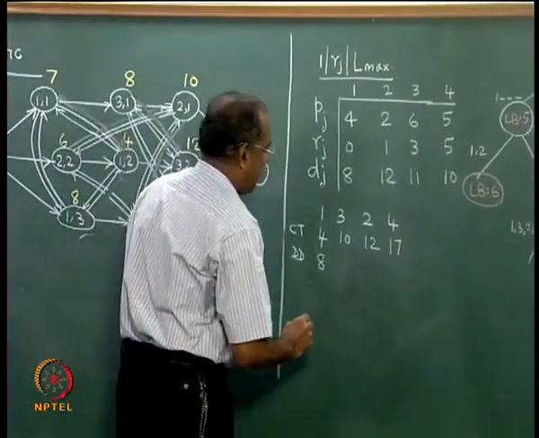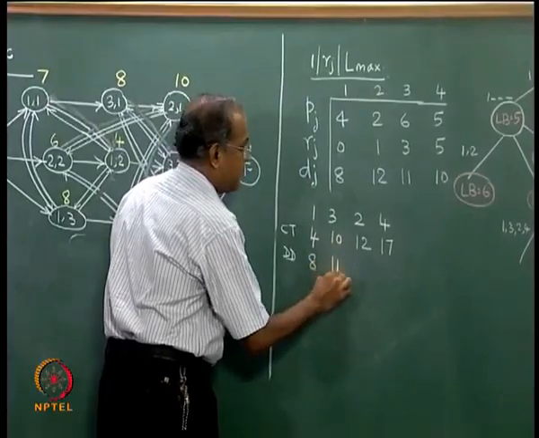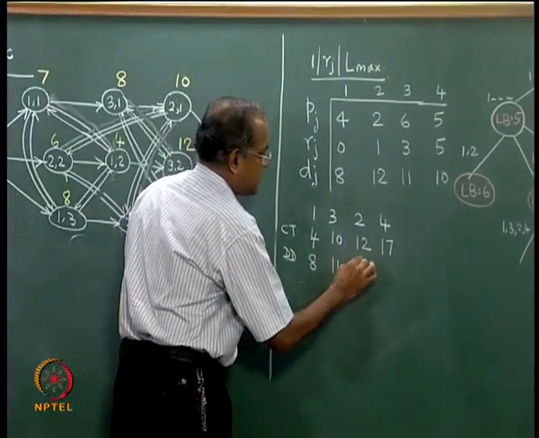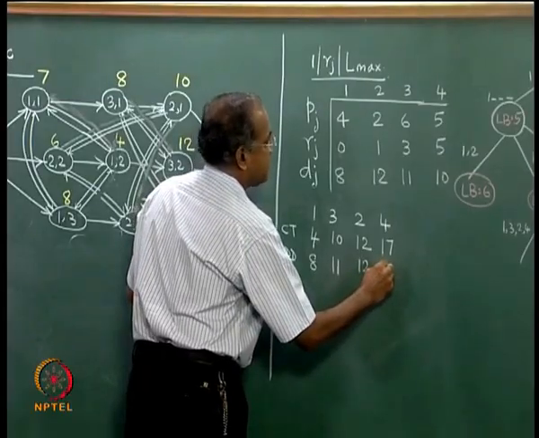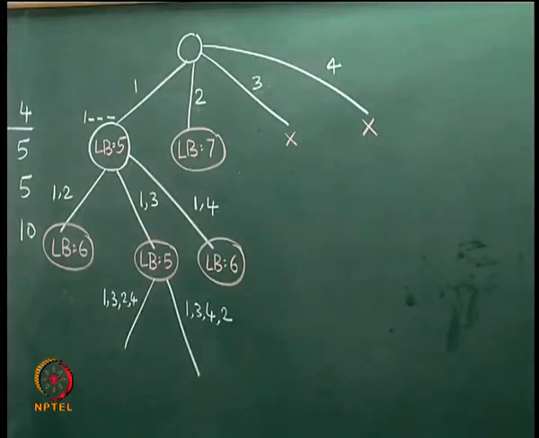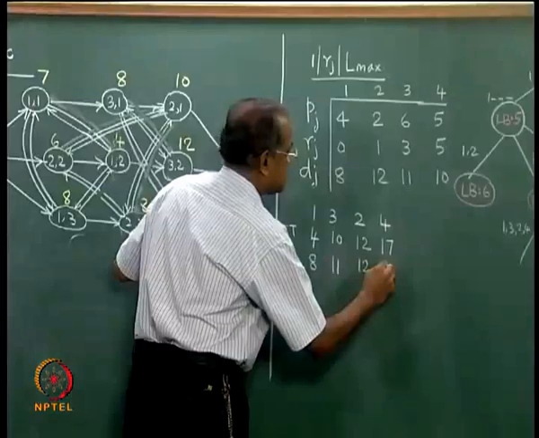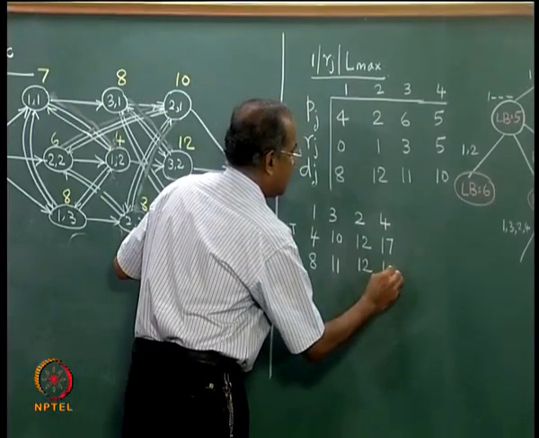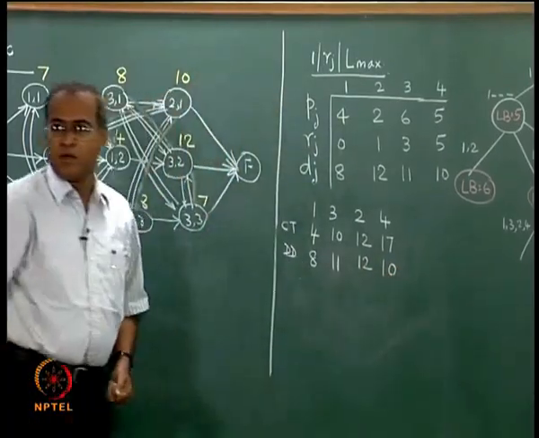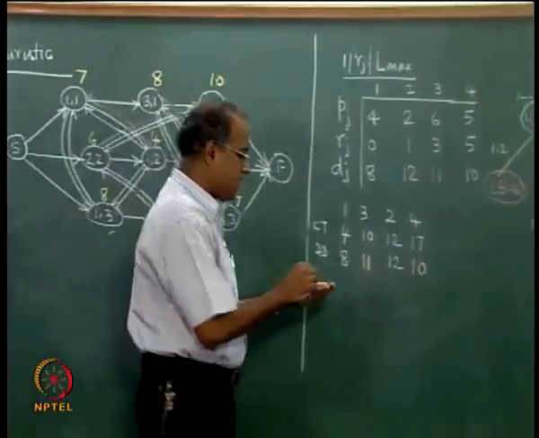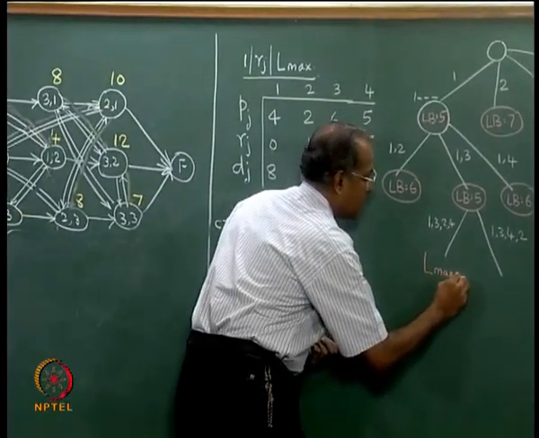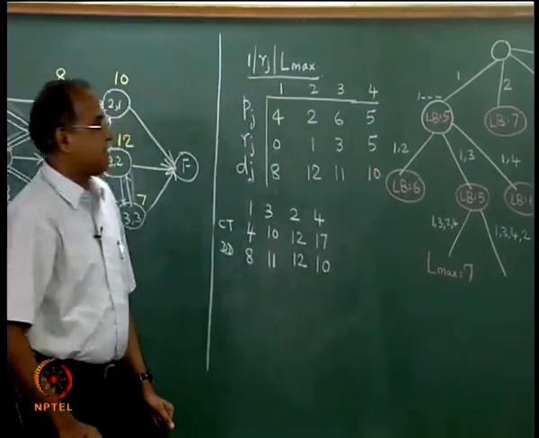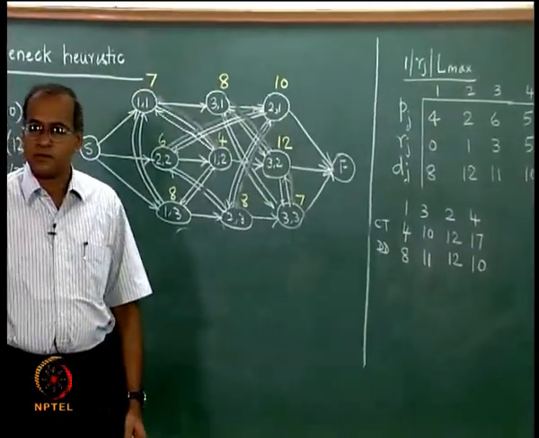Now, the due dates are 8, for 3 it is 11, for 2 it is 12, for 4 it is 10. So, L max is equal to 7 for this sequence. L max is 7 for this sequence.